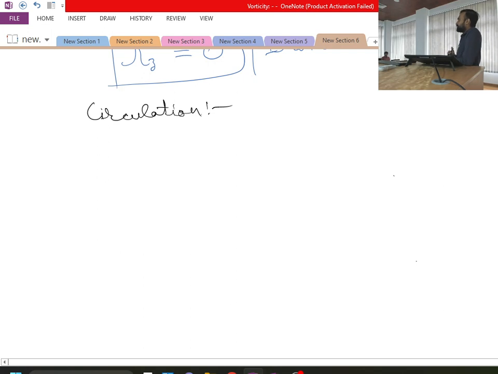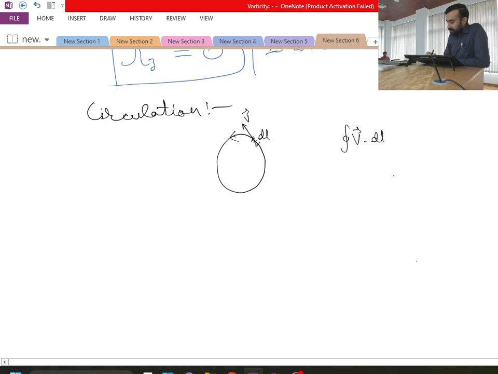The definition of circulation is: if I have any closed curve, and the length of any element over this closed curve is dl, and the velocity at this point is v, then if I take the product v vector dot dl and integrate it over the closed curve, putting a circle over the integration to denote a closed curve integral, that is defined as circulation, given by the symbol capital gamma.